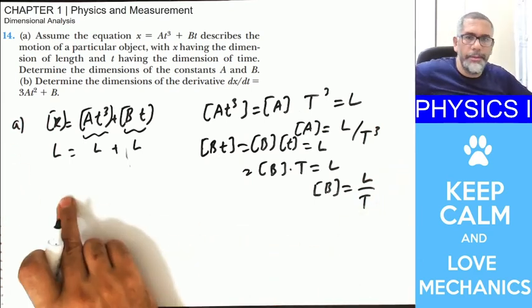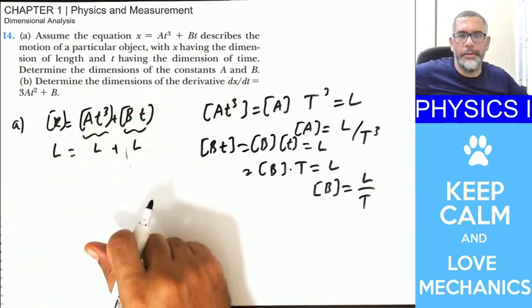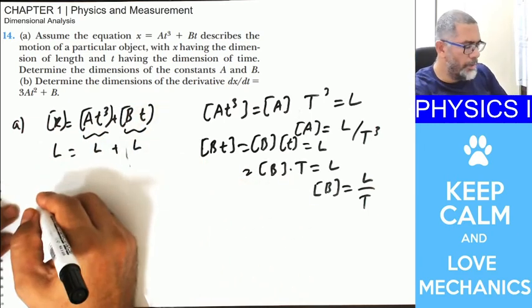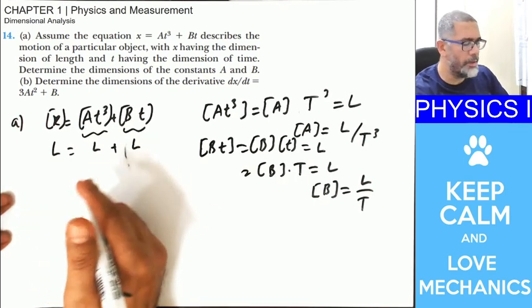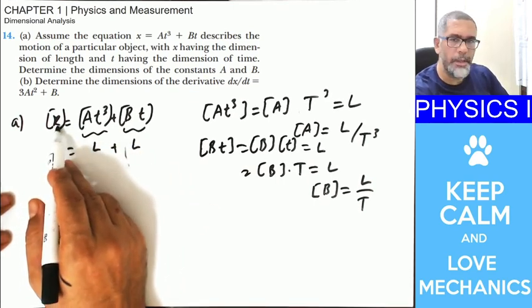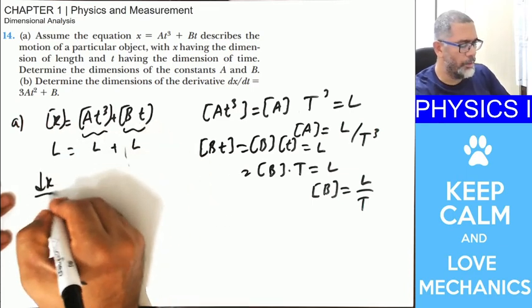And the next part of the question says to determine the dimensions of the derivative dx over dt. So dx over dt, I assume that you know what dx over dt is. Just the derivative of this x function with respect to time. Okay, dx over dt.